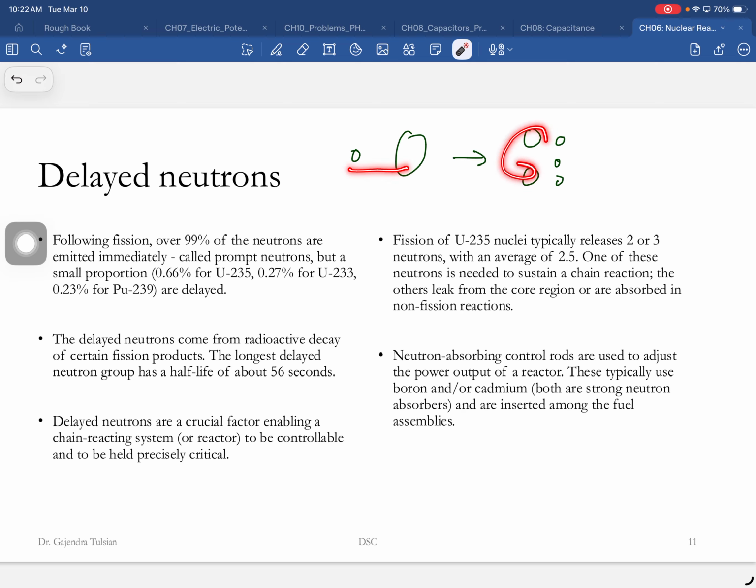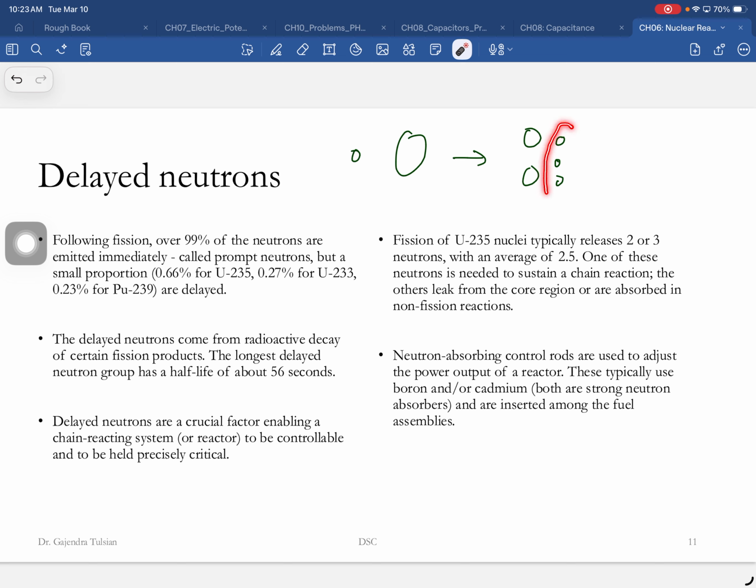Following fission, 99% of these neutrons are emitted immediately. They're emitted because these guys had too many neutrons and they're unstable, so they'll spit out a neutron. Most of them are emitted immediately.